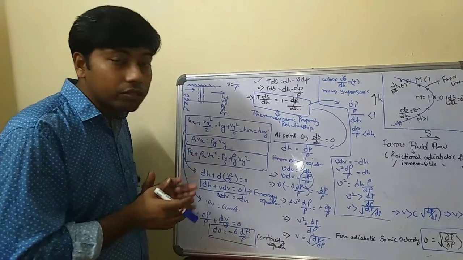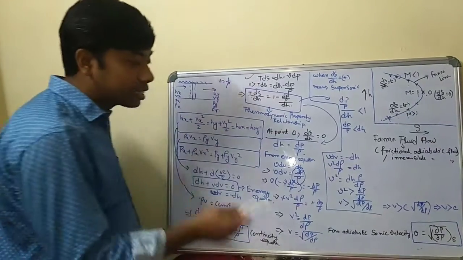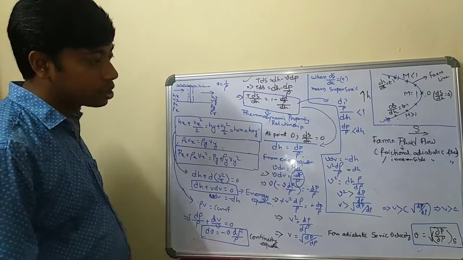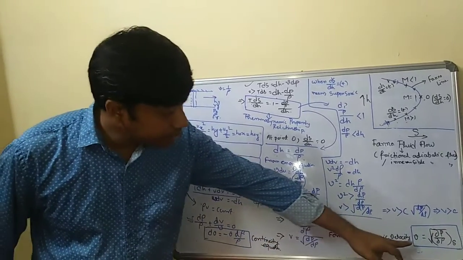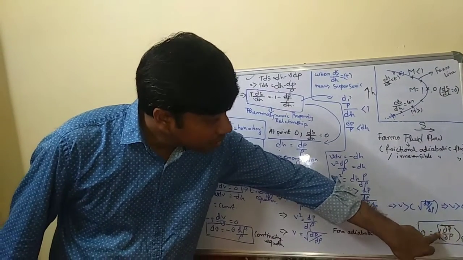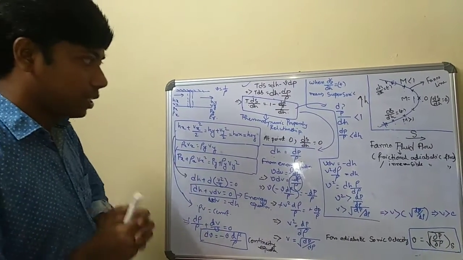So when you calculate the velocity at that point, V is equal to the square root of delta P by delta rho at constant S. That gives you the sonic velocity.